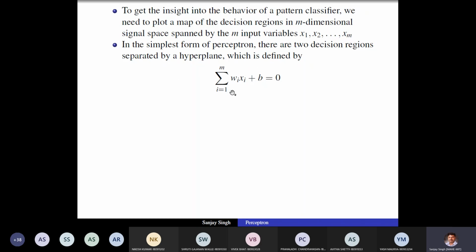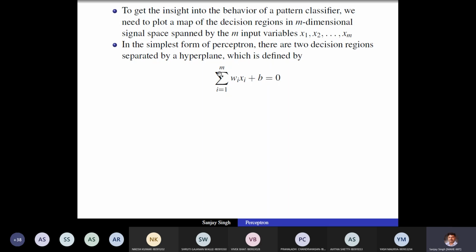Whatever the input comes in, this entire sum of the activation function is equated to 0, and this is how the decision boundary is obtained. Also, at the decision boundary, the weight space is always perpendicular to the pattern space, so it is basically orthogonal.